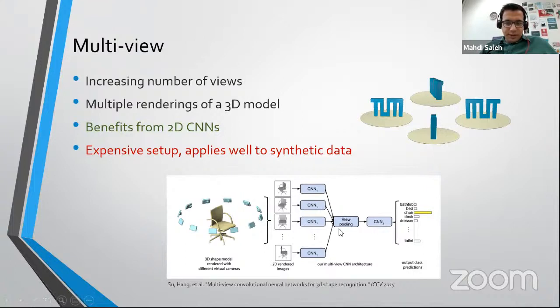The good thing here is that you can benefit from 2D CNNs, which are quite standard networks that you can use out of the box. But this is very expensive in terms of setup, and also in terms of applications. It's very restrictive.